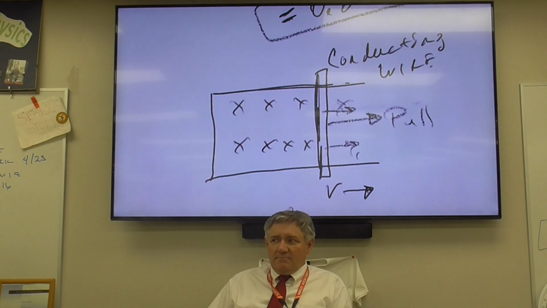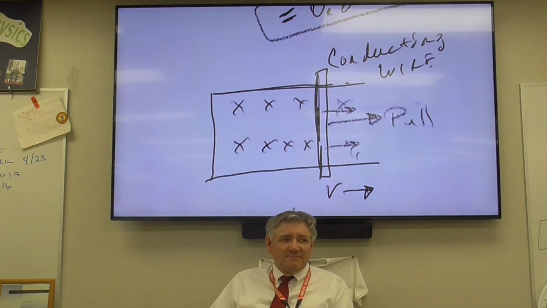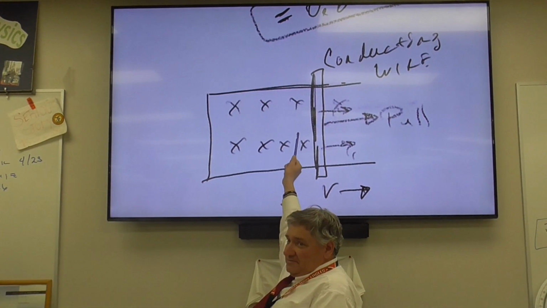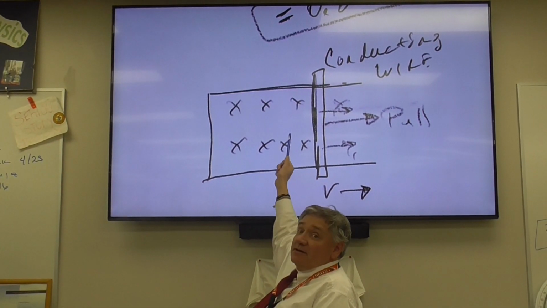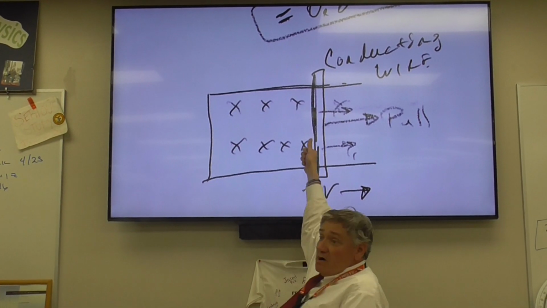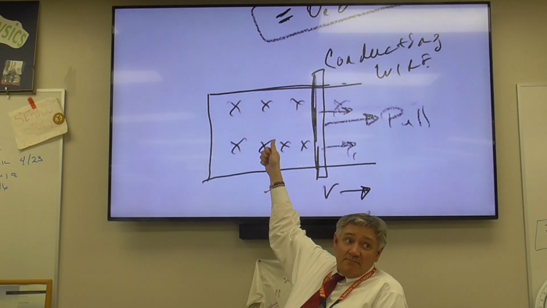I've heard up, I've heard down. It's up. So it's on this wire right here. In this region, I want to make O's. So the current's going to go up, right? The wire's like this.